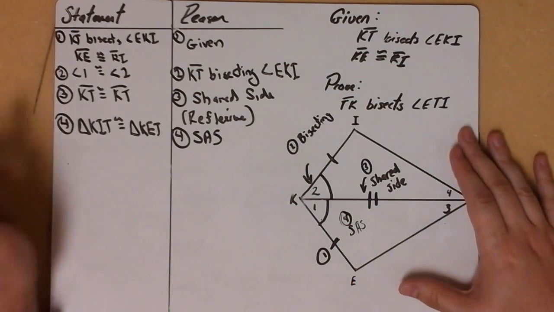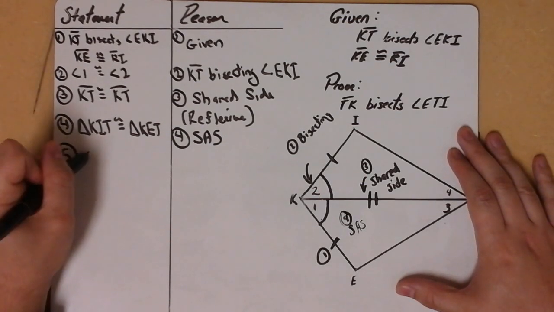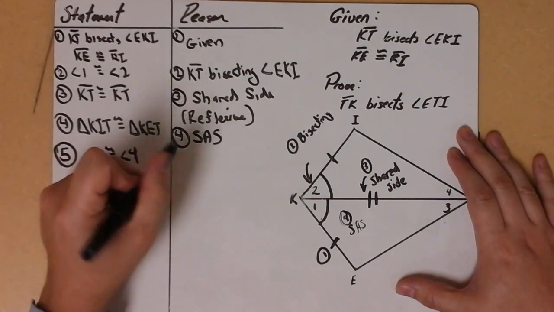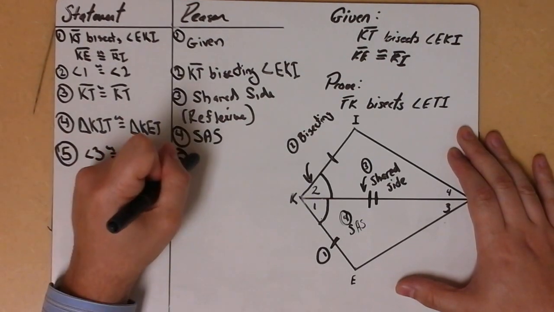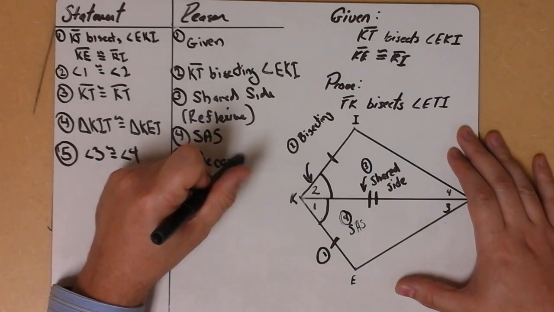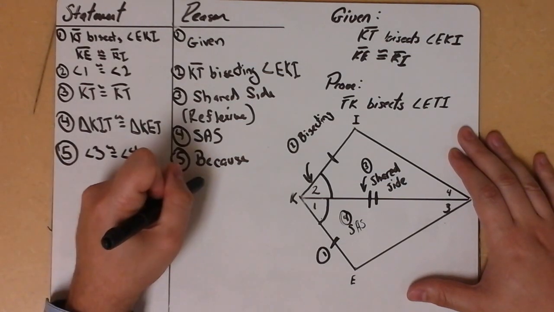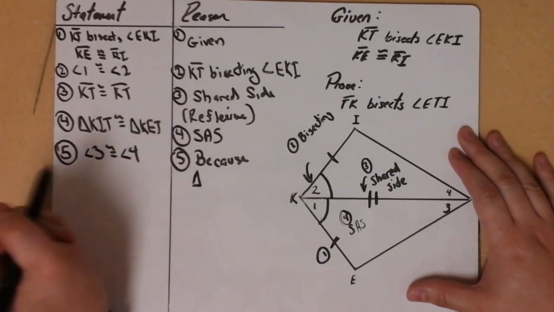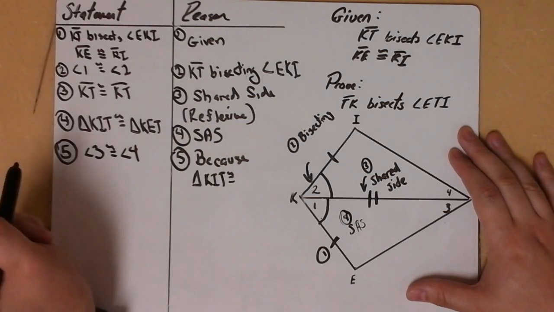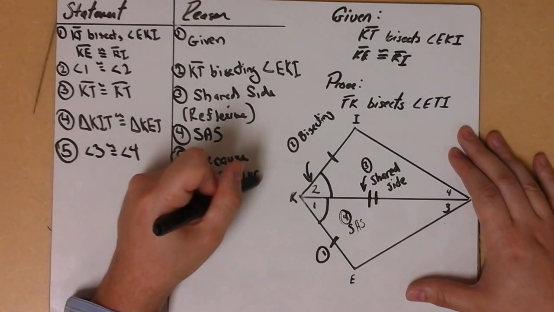And that is what I'm going to do. So 5, I am going to say that angle 3 is congruent to angle 4. And I'm going to say that because triangle KIT is congruent to triangle KET.